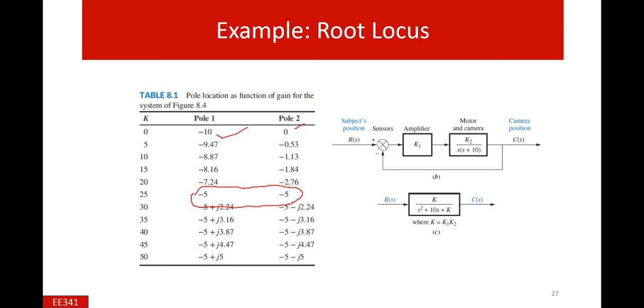After that, if we change the value of K to greater than 25, we find that these poles move in a complex plane, and because we have a second order system, they are in the form of a pair.